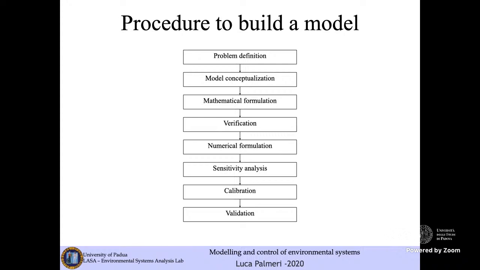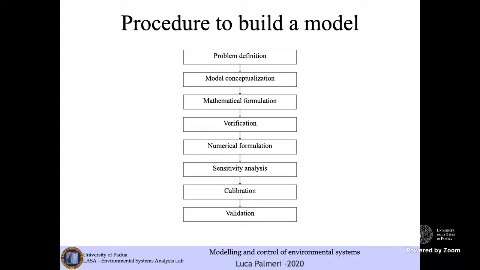Then you go to the second step, that is that of model conceptualization. In model conceptualization, you try to translate your problem definition into some kind of practical description of the system in terms of state variables or in terms of interaction and so on. Generally, model conceptualization starts with making sketches, boxes.